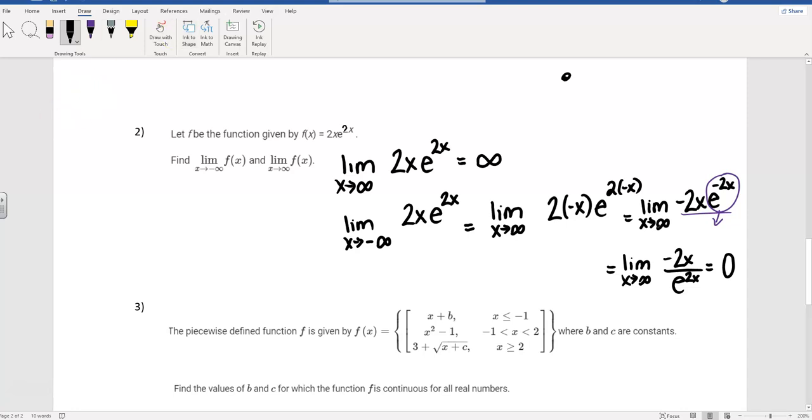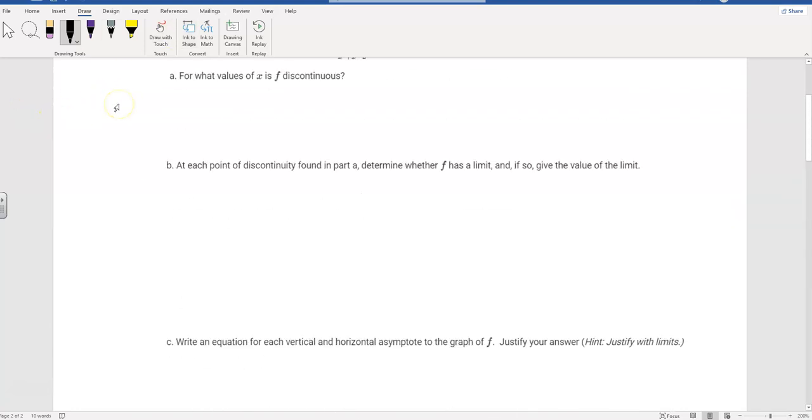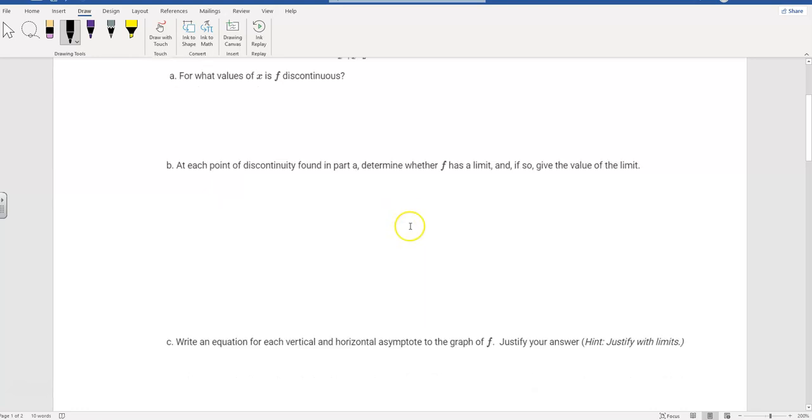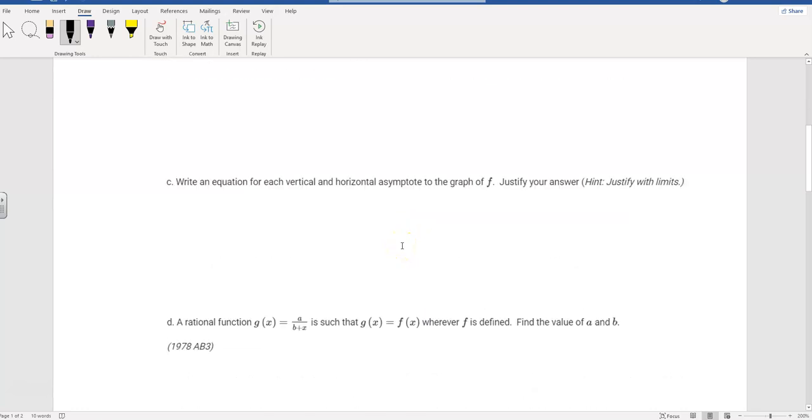Okay, does that make sense? All right, let's look back at the horizontal asymptote part of 1C. So vertical asymptotes, you're just looking where the denominator equals 0 but does not cancel out. Horizontal asymptotes, it has a hint right there, limit notation. You don't necessarily have to put the limits for the vertical. I think I may have put them on my key, but I can live without those.